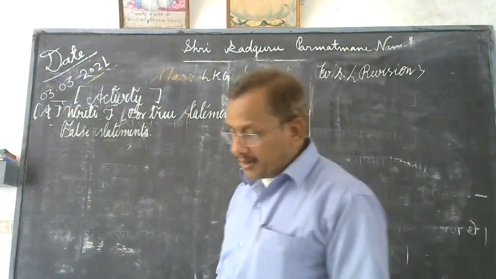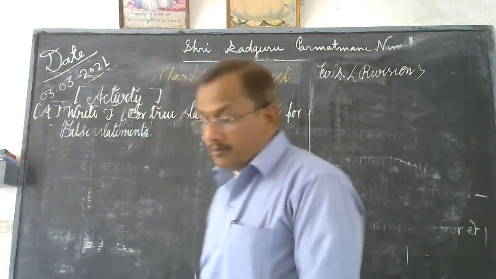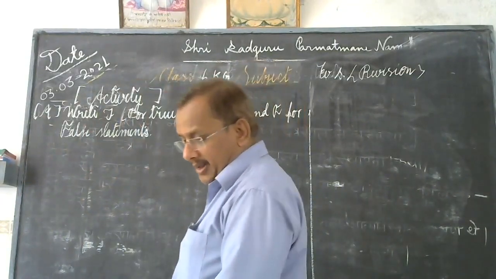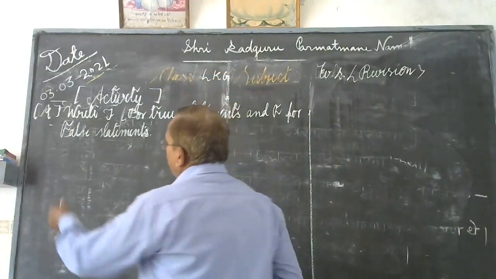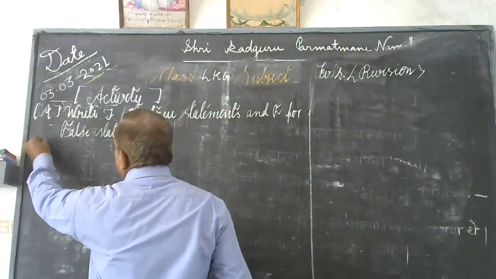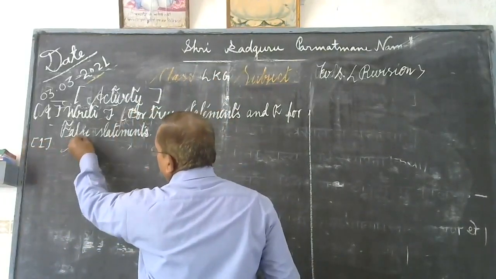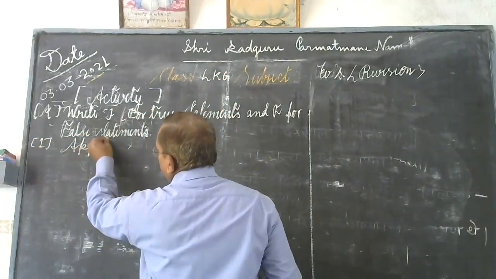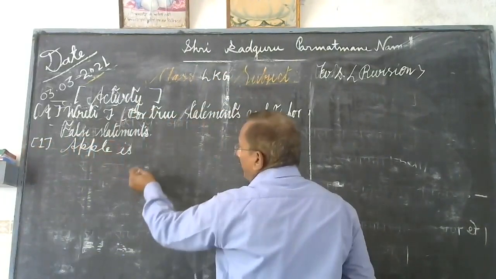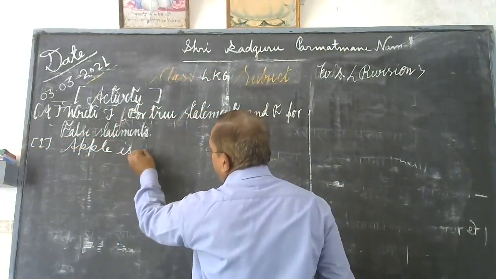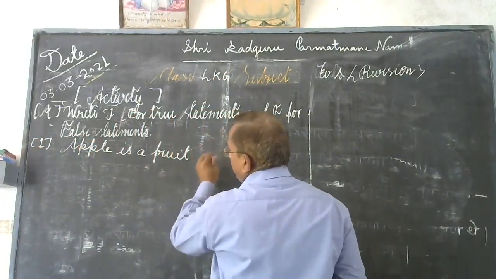There are 6 statements given here. You will complete them one by one. First is given here: Apple is a fruit. Write it down.